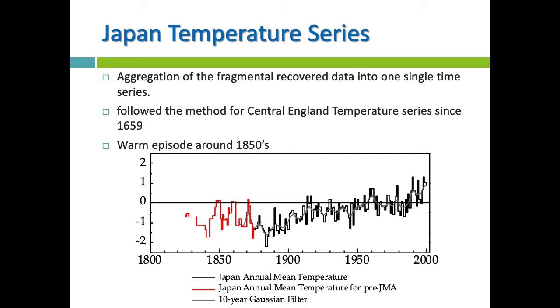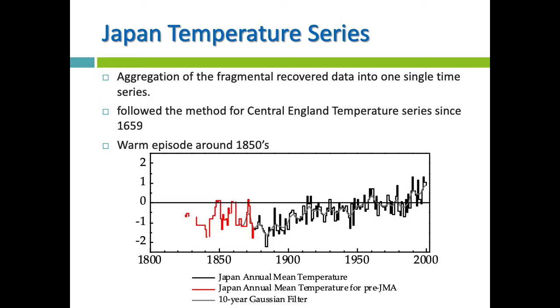So, to get rough but continuous climatological images in the 19th century in Japan, we aggregated fragmental records into one single time series, which is called Japan Temperature Series. We applied a method which is used for Central England Temperature Series, which are representative temperature records for the Midland regions of England from 1659 to the present.